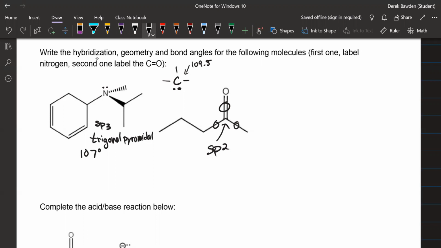Perfect. How about our geometry? Trigonal planar, perfect.